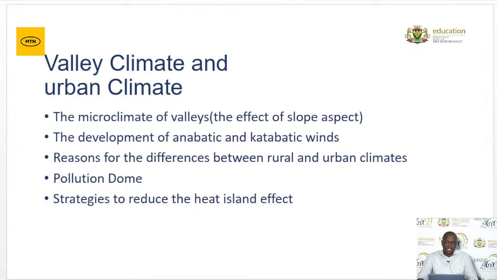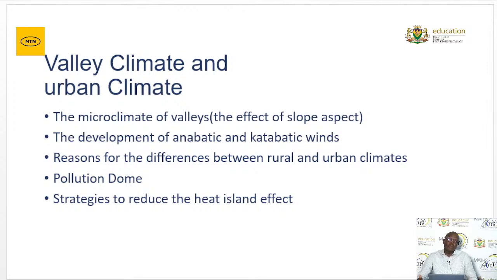Development of anabatic and also katabatic wind. So one must be able to know how these two winds develop, especially katabatic wind. That is where we start by talking about terrestrial radiation, and then the air will sink down the valley. It becomes cold and sinks inside the valley, and then immediately when it sinks inside the valley, it forces the warm air at the valley floor to rise.